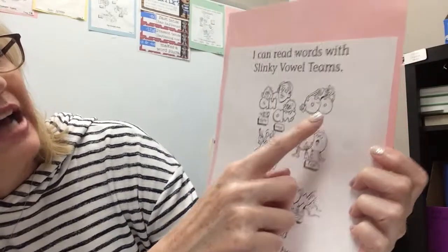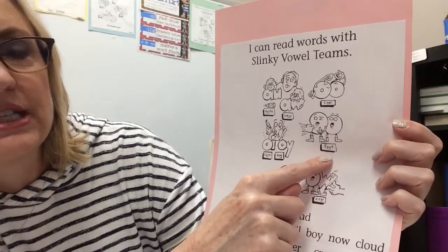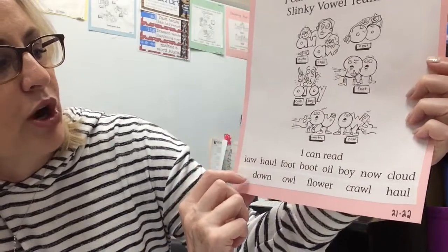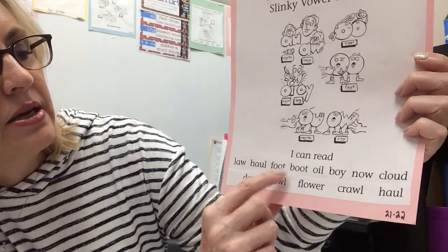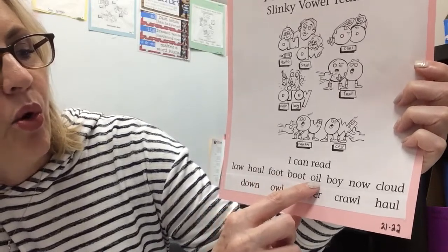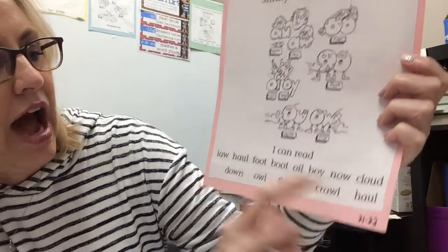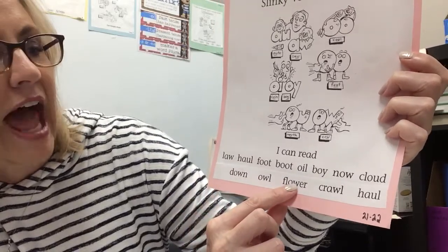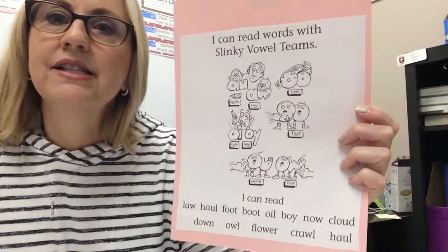And then the OO has two different sounds, like cool and foot. You just have to read the word to see which one makes sense. So these slinky vowels help us read words like law, hall, foot, boot, oil, boy, now, cloud, down, owl, flower, crawl, and haul. So that's the slinky vowel teams that we've worked on recently.